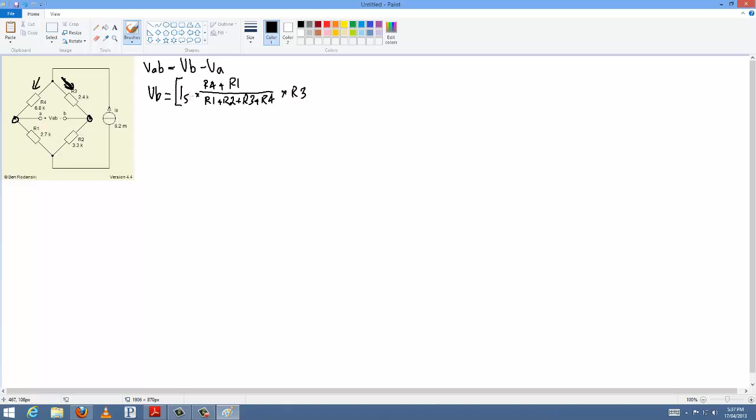This here is the current division, and this entire thing is just Ohm's law, V equals IR. Because if we find the current going through this resistor here, then the voltage across that resistor tells us what the voltage is at terminal B.